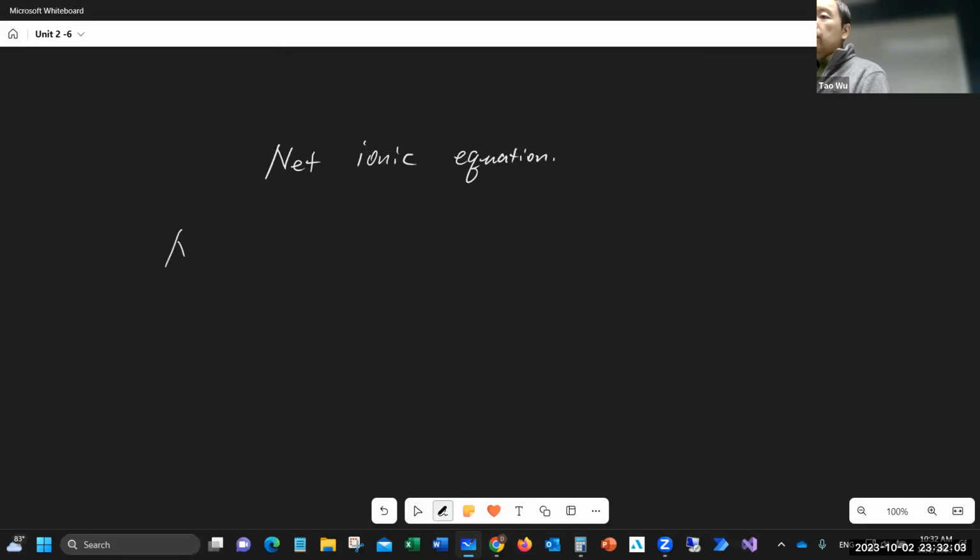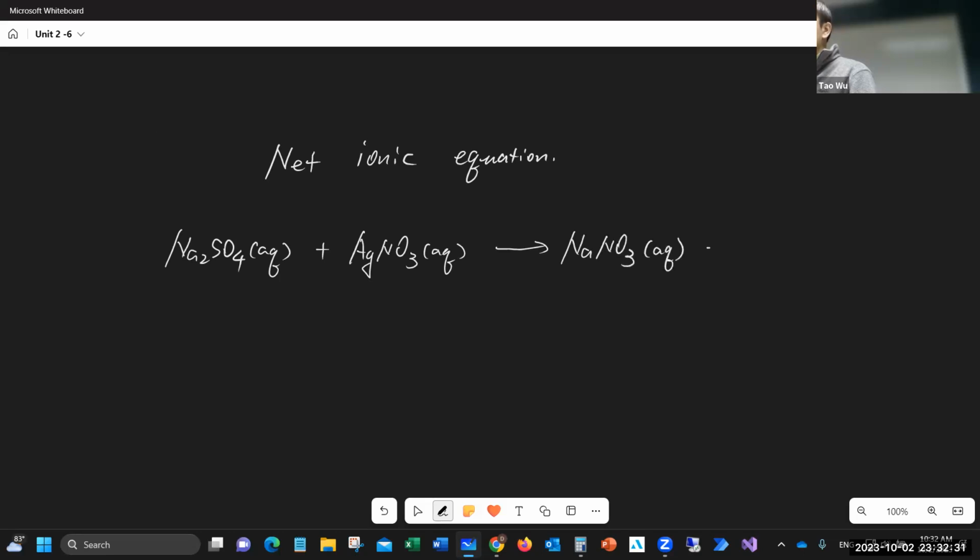We have sodium sulfate plus silver nitrate, and then they are going to form sodium nitrate plus silver sulfate. This is what we talked about in the previous equation.